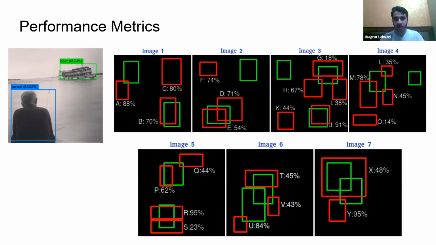For box A, the value is 88% of representing a board. C is 80%, but nothing is there, so this is a wrong prediction. B is 70%, like the model feels it has a 70% confidence score. And then similarly for other images as well.